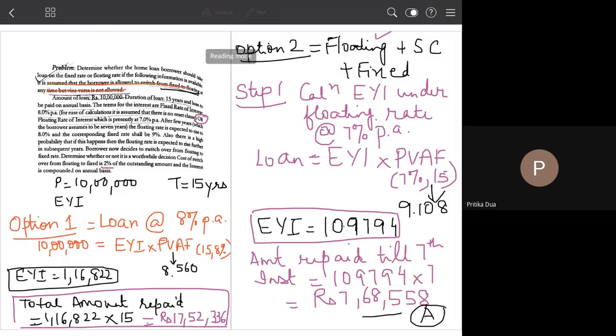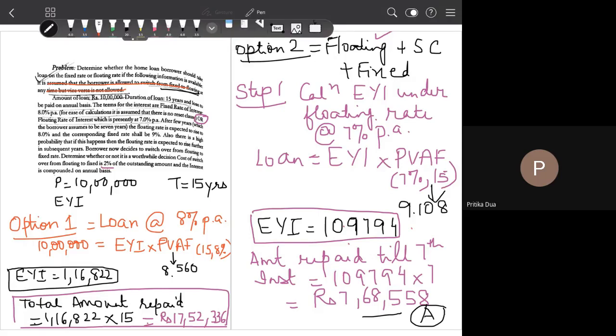The yearly installment at 7% comes out to be 1,09,794. PVAF table is being used here also. Now till the last installment under floating rate of interest, that is 7 years, 7 installments, the amount paid is 7,68,558. So till now, this is the amount that has been repaid back by the borrower to the bank.